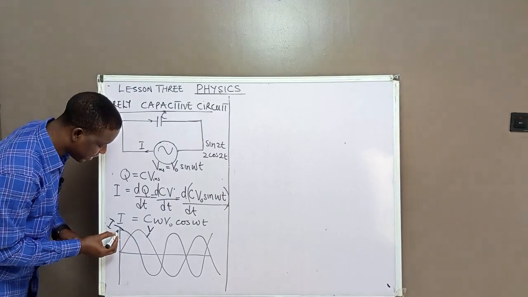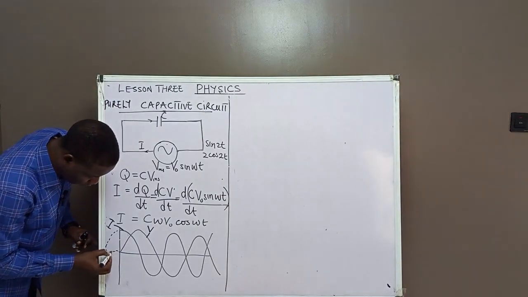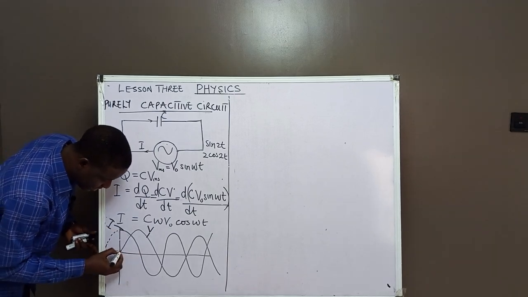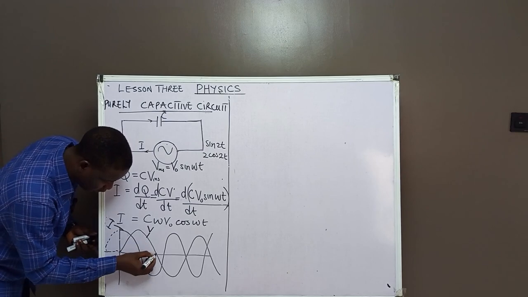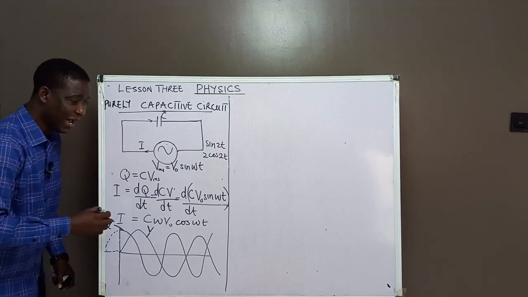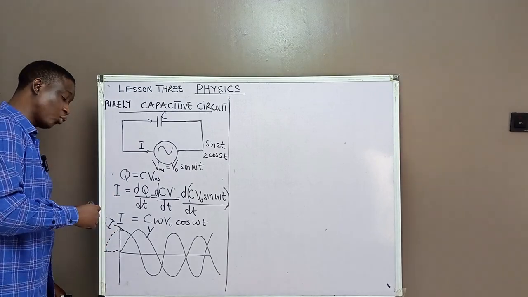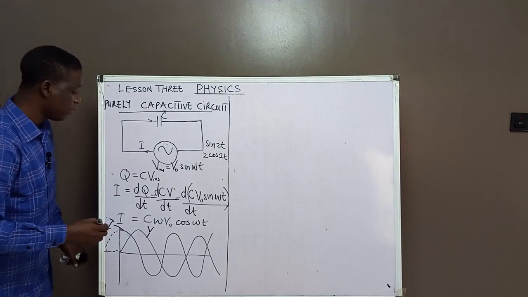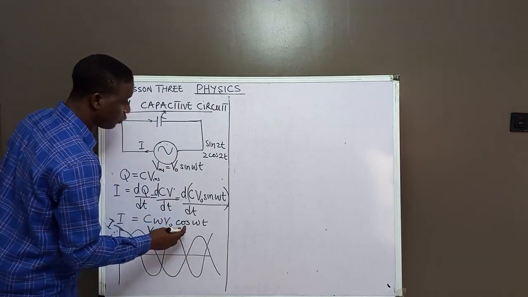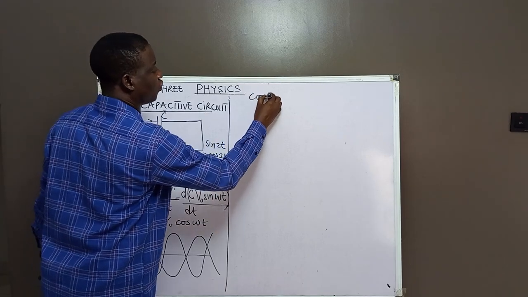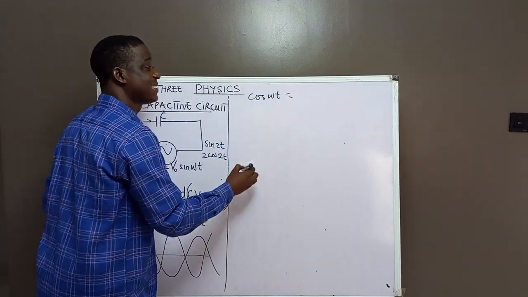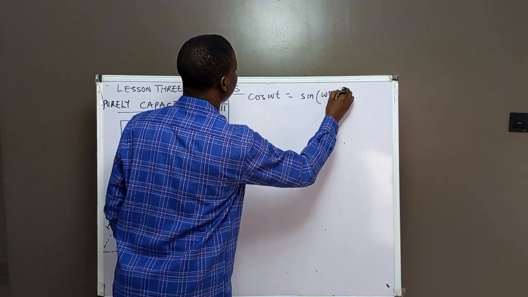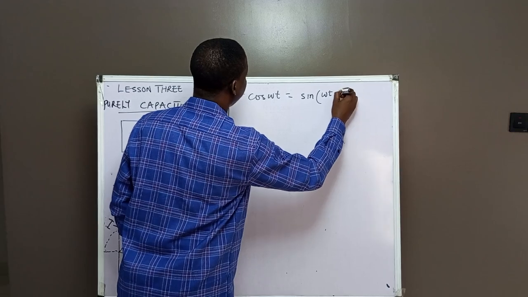That means from here to there is 90. From here to this place is 180. So 180 minus 90 is 90. That means the current is leading the voltage by pi over 2. Now, if you can remember, mathematically, cos wt is the same thing as sine of wt plus pi over 2.